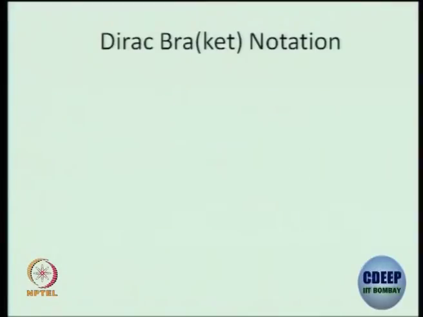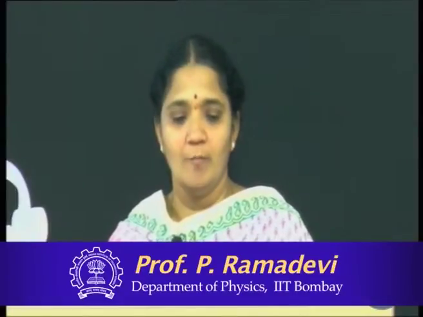Okay, so I am going to bring you to this notation of Dirac, introduced in the 1920s, a notation which is some kind of an angular bracket. It's called bracket notation, which we are going to follow.